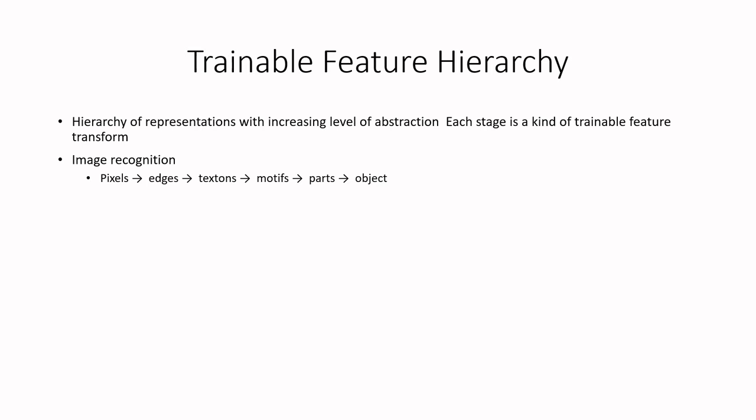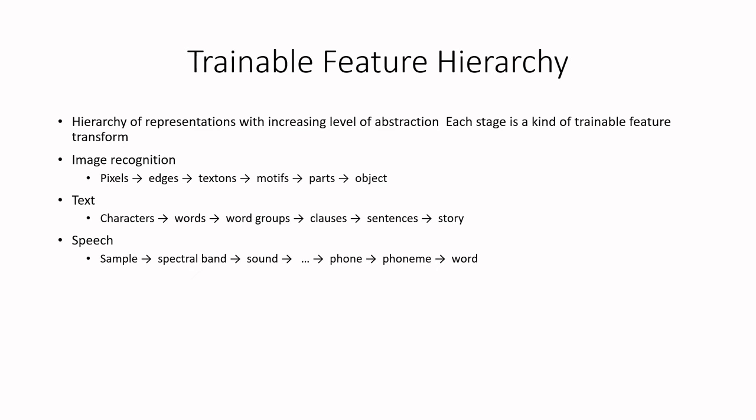We start with pixels, and from pixels we go to the next level of abstraction, that is grouping pixels into edges. From edges we go to the next level of abstraction, that is textons, and from there we move on to motifs, to parts, and to the object. Similar ideas apply for text and speech.